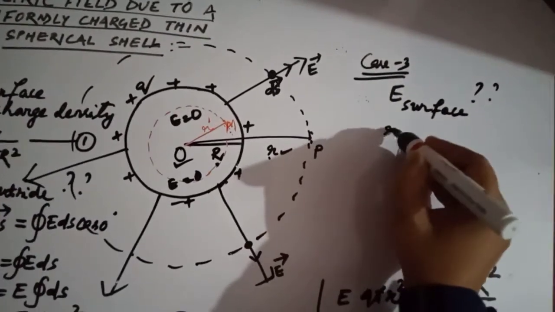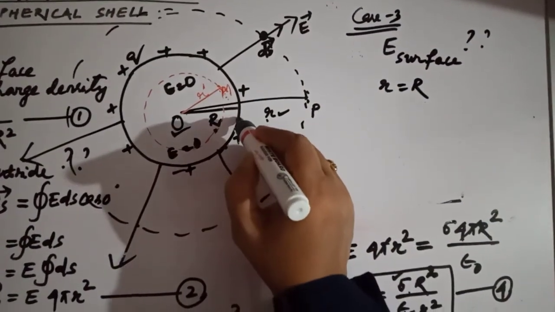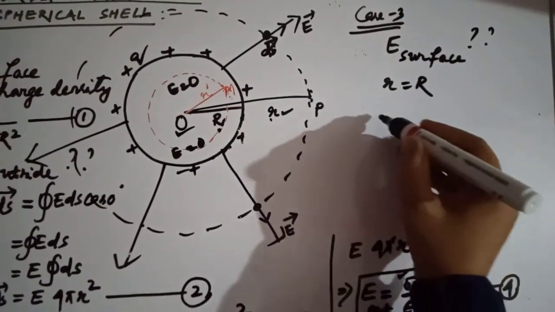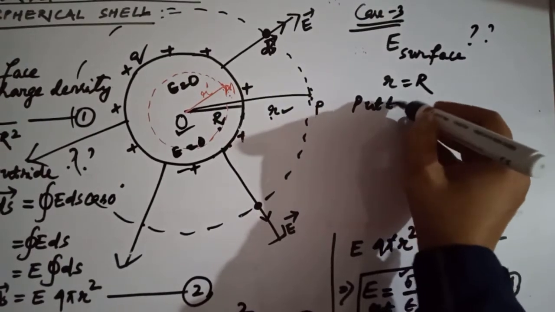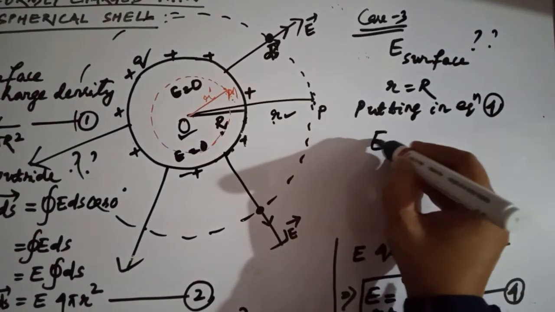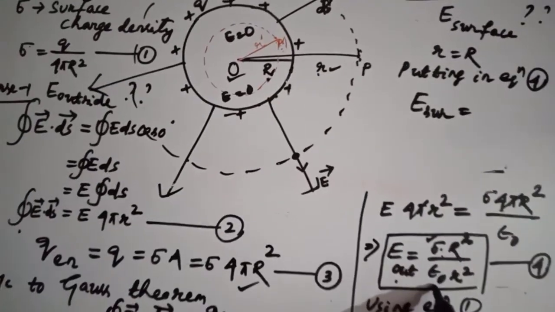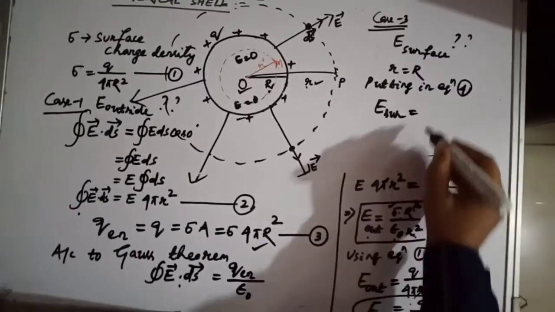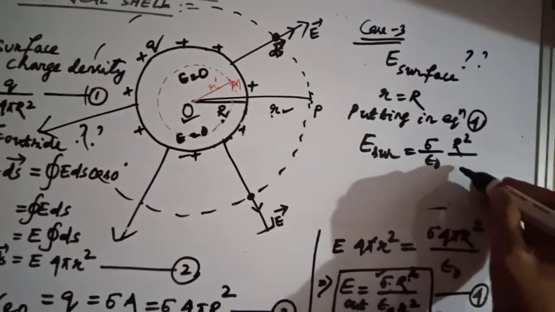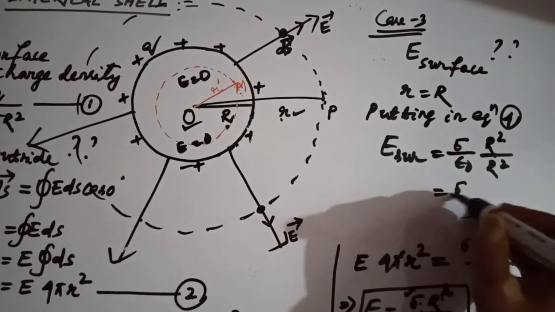So here small r is equal to capital R. That means if you want to find the electric field here, you have to consider a Gaussian surface of radius capital R. Substituting the value in equation 4, E on the surface is equal to sigma by epsilon naught into capital R square divided by capital R square, since small r is capital R. So you will get sigma by epsilon naught.